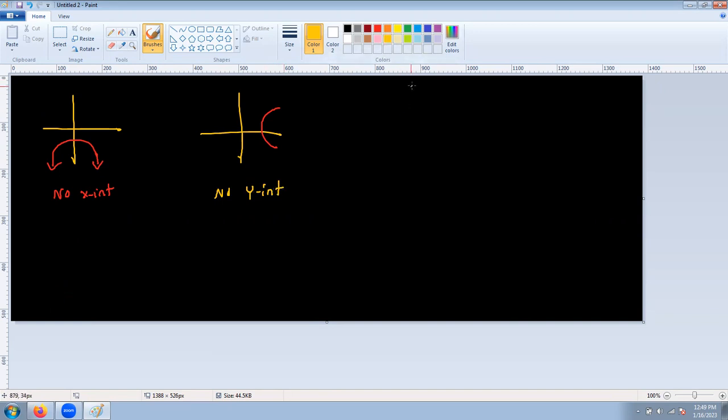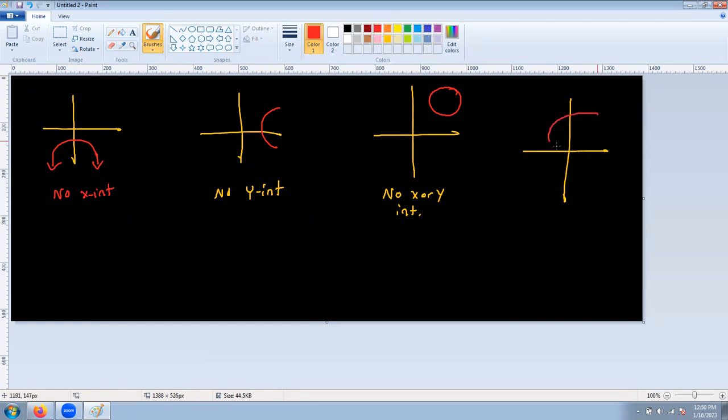And then what if we had something like this? What if we just had a circle over here? Well, there's no x or y intercept at all. What if we did something like this? So kind of a zigzag kind of thing here. So there's an intercept here, intercept here, intercept here.